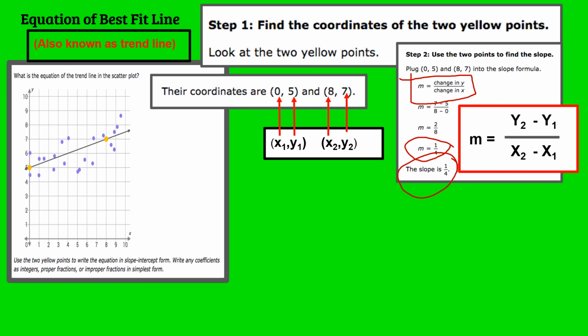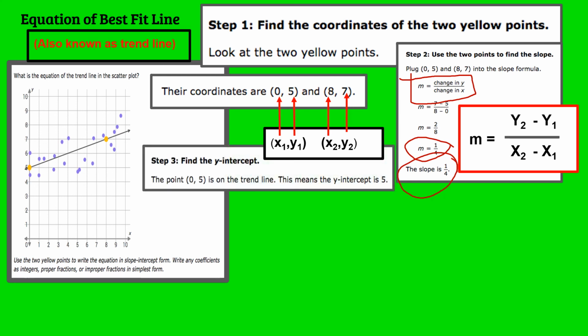Now we have our slope. All we need to know is our y-intercept, and then we're ready to get our final answer. Well, the y-intercept is very easy because the y-intercept is 5. You can see from the graph right here that the y-intercept is the point where the graph line crosses the y-axis, and we can see that that's 5.